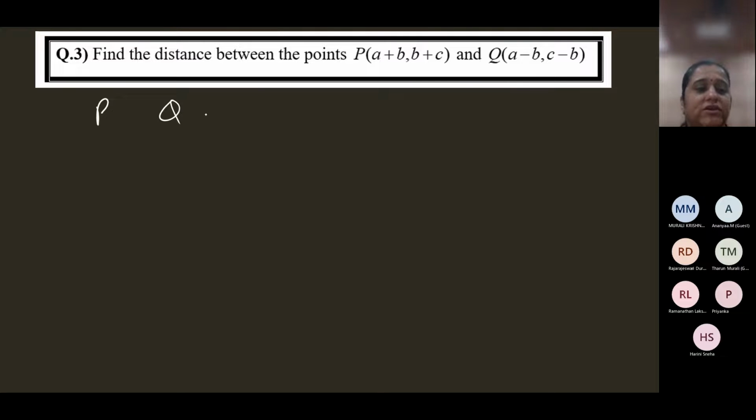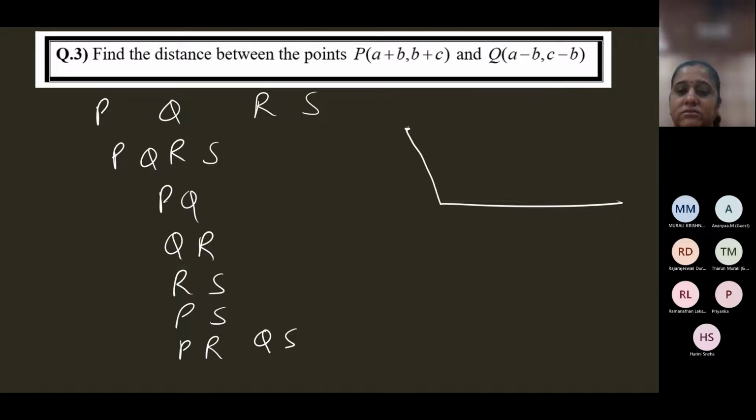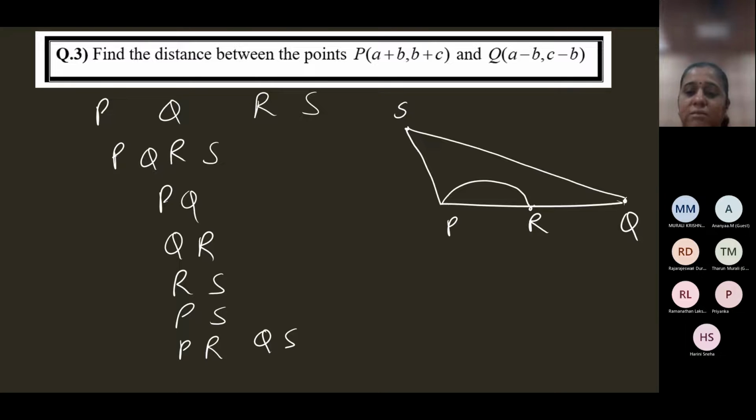Suppose we are given the points P, Q, R, and S. We believe a quadrilateral PQRS is formed. And we find PQ, QR, RS, PS, and the diagonals, assuming PR and QS. And suppose from the working, you find that PR plus RQ is equal to PQ.